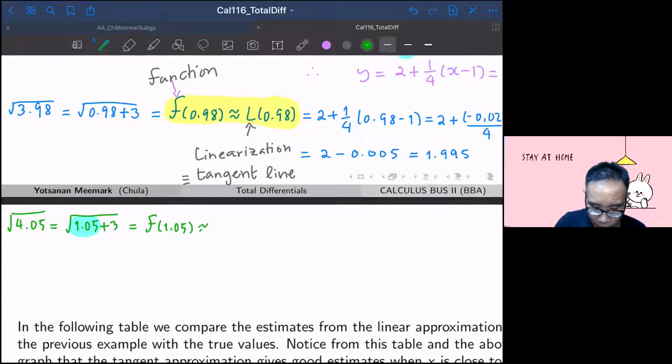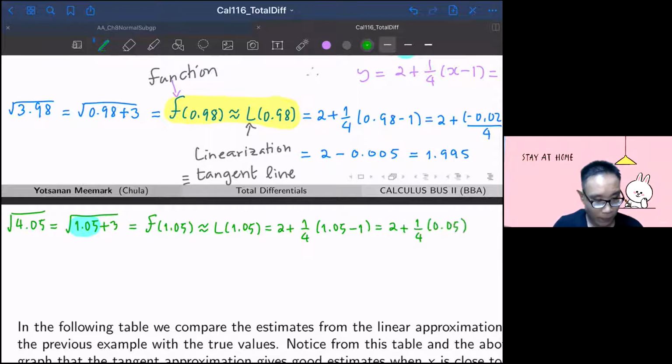You're going to use linear approximation. So it's going to be 2 plus 1/4 times (1.05 minus 1).